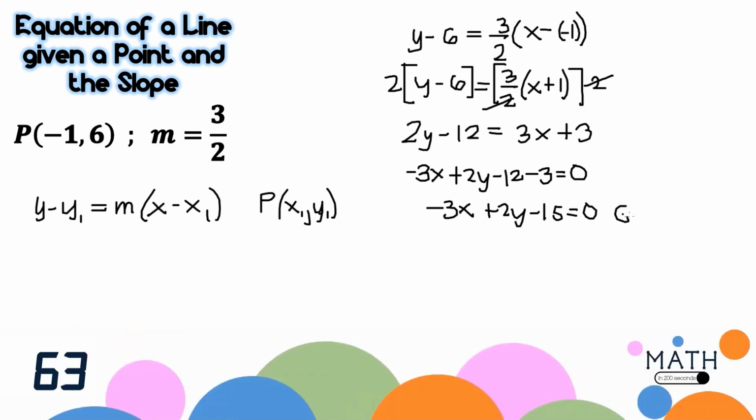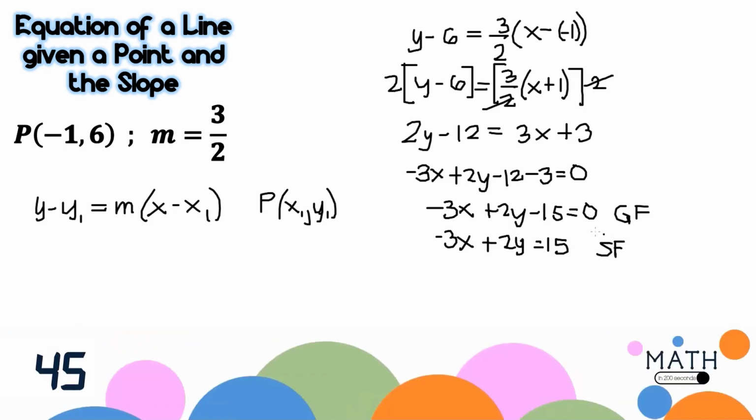This is the general form. Or you could also come up with a standard form where you're going to move the said constant to the other side. So you have negative 3x plus 2y is equal to positive 15. This is our standard form.